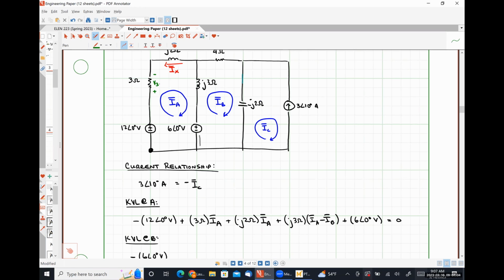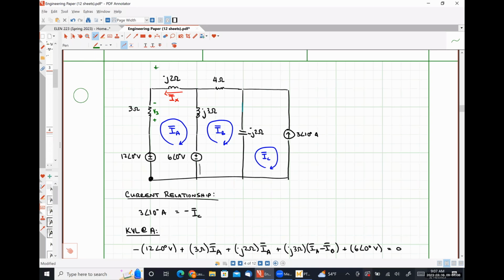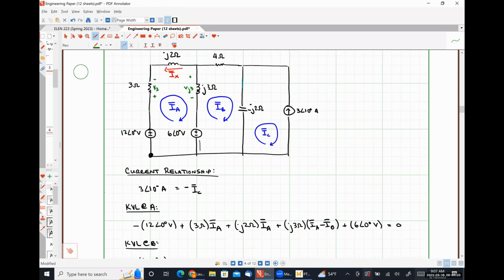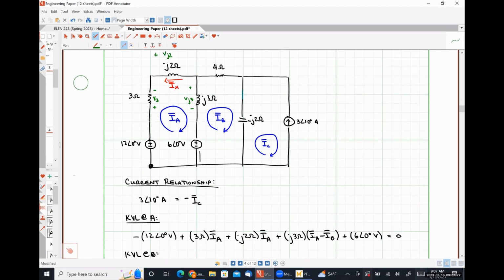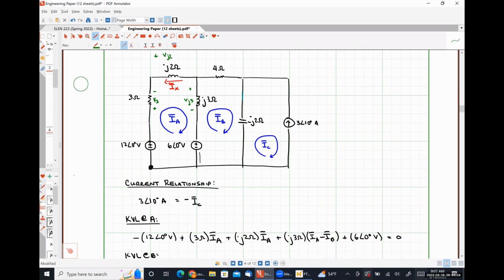You would have to flip literally every one of the signs, right? So when we wrote our KCL equation around mesh A, these are the polarities that we were using, okay?